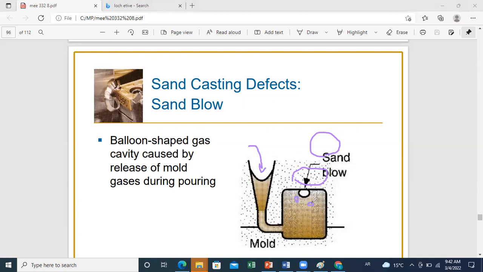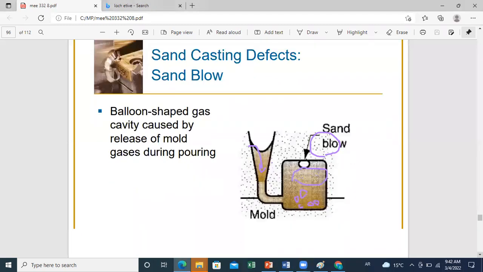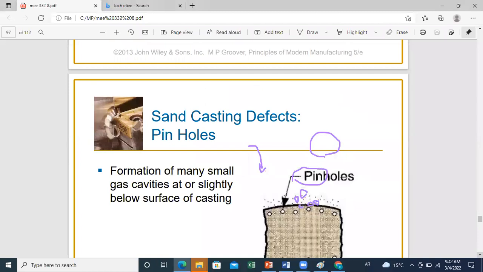And in case you don't have a riser that will continuously supply molten metal, these gases will be trapped during the solidification process, and you will end up with some small holes within your mold. So you can see that the riser is very important because it can present a solution for the majority of these defects, but sometimes the design of the riser is complex and we might need to use several risers instead of just one.